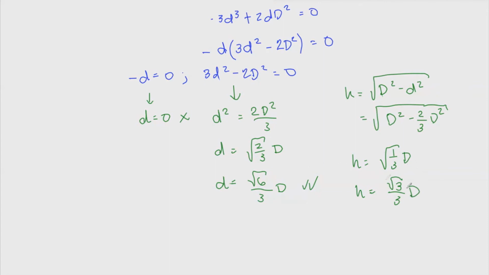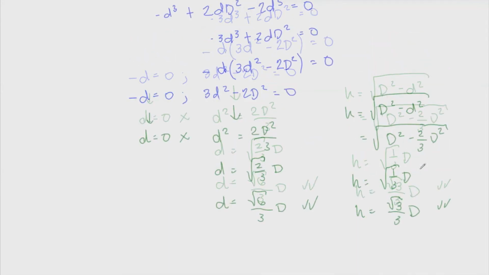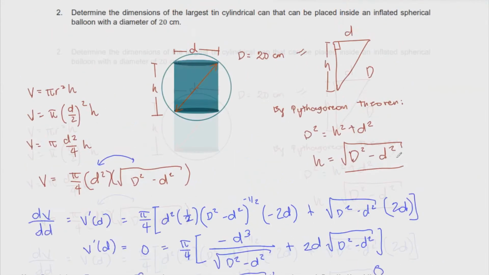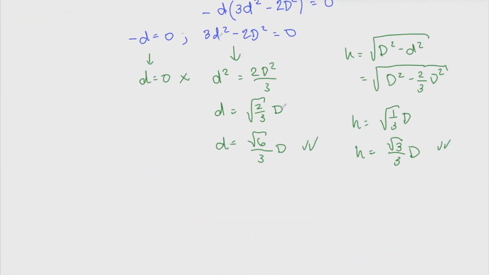Okay, so in this case, this is the expression of our d and h. In terms of the diameter of the sphere, we could get the maximum dimensions of the cylinder as square root of 6 over 3 and square root of 3 over 3 respectively. But we already have the diameter, which is 20 centimeters. So just to give you the final answer, we know that d of the cylinder is equal to square root of 6 over 3 times the diameter, which is 20.